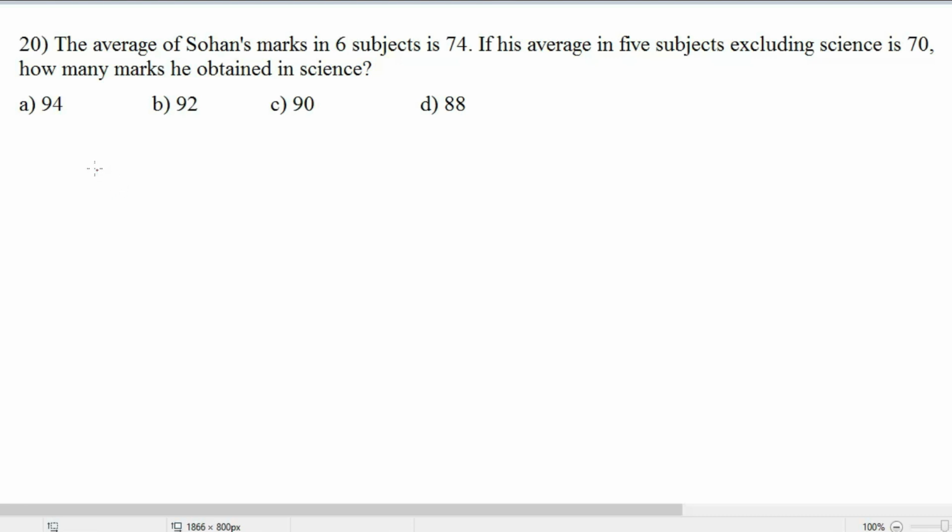Sohan total marks obtained in 6 subjects equal to 6 into 74 equal to 444.